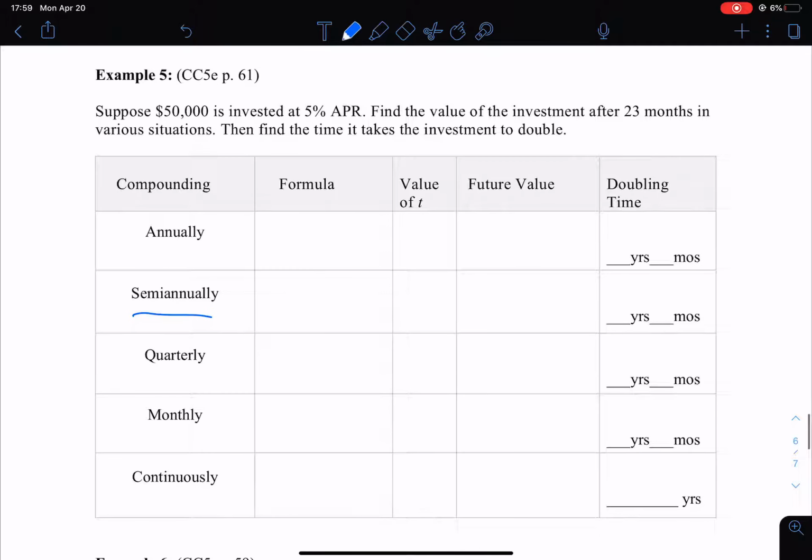The formula is P, and we are given that P is $50,000, multiplied by 1 plus r, where 5% is 0.05, divided by n times per year. Semi-annually means n is 2, to the power n times t, so 2t.